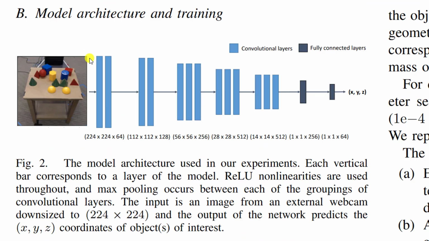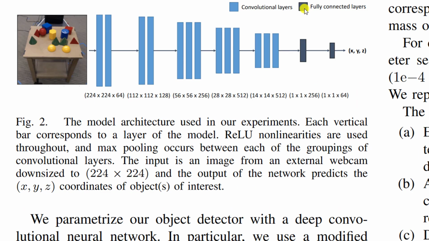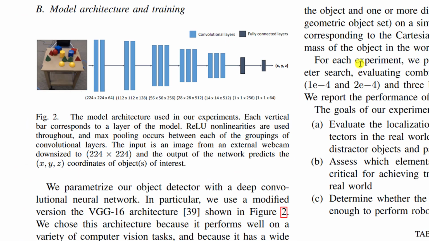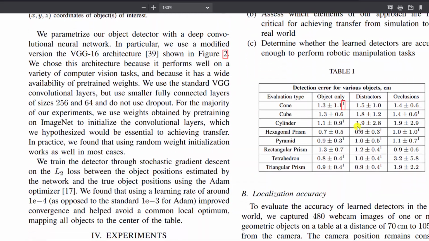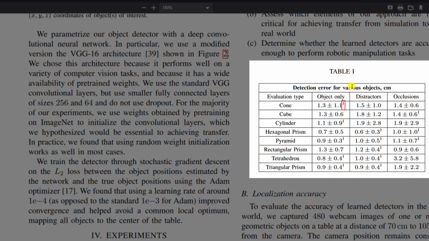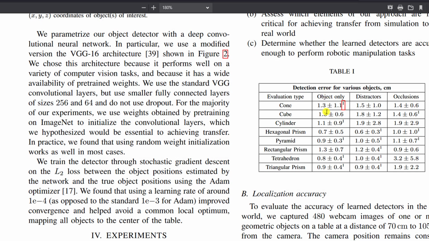First of all, it will take these images, then make them smaller and smaller, until the fully connected layers, which output X, Y, Z. Here are detection errors for various objects, because we always have errors in these models when we are trying to create models with deep neural networks.